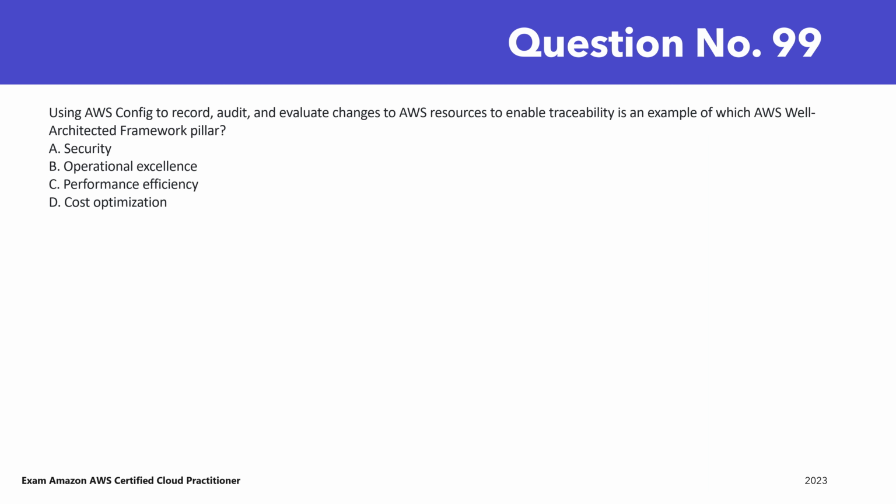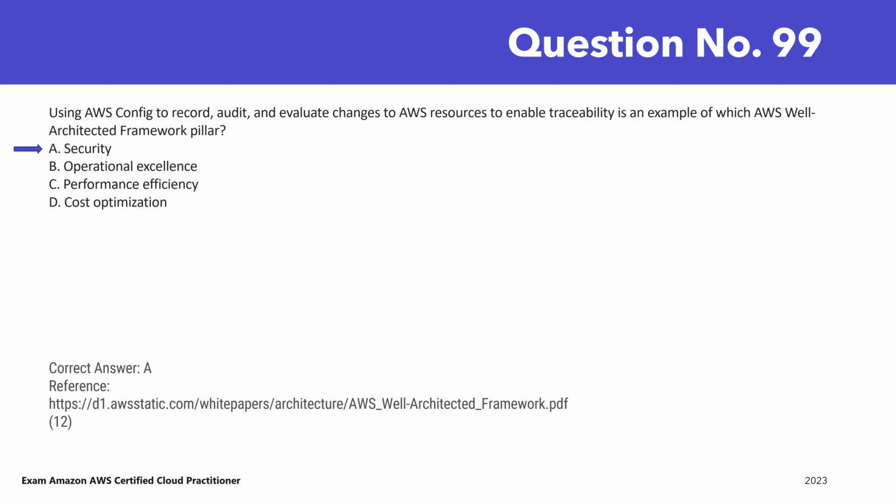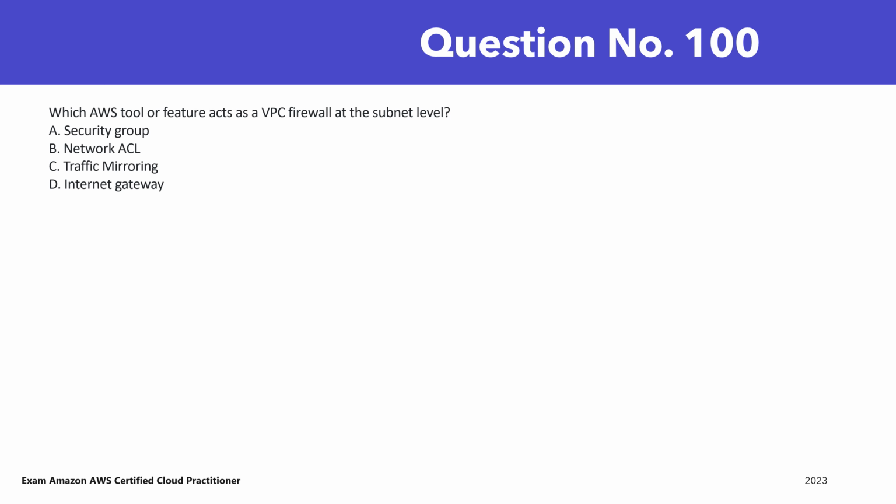A. Security. B. Operational excellence. C. Performance efficiency. D. Cost optimization. Correct answer, A. Which AWS tool or feature acts as a VPC firewall at the subnet level? A. Security group. B. Network ACL. C. Traffic mirroring. D. Internet gateway. Correct answer, B.